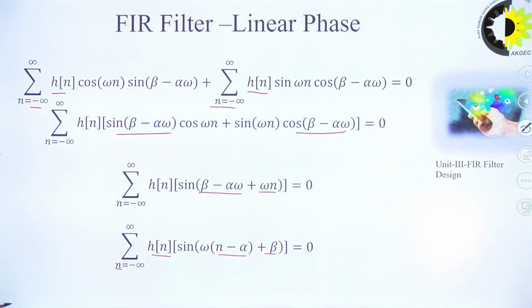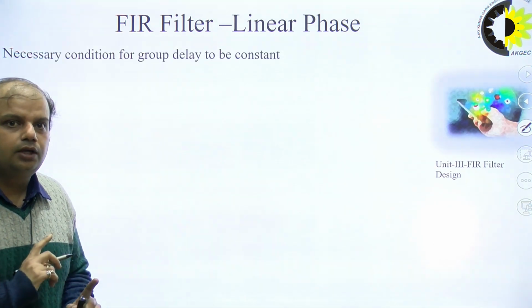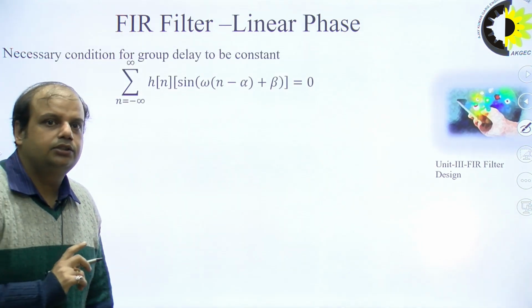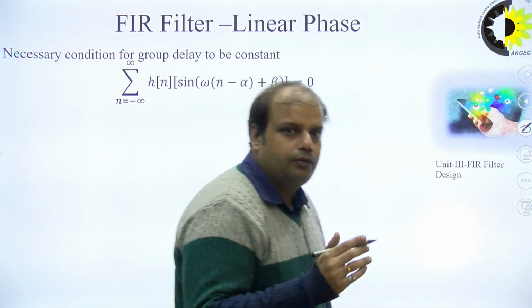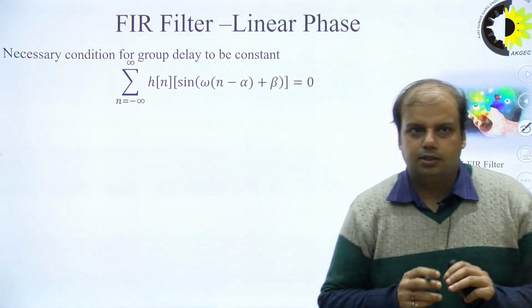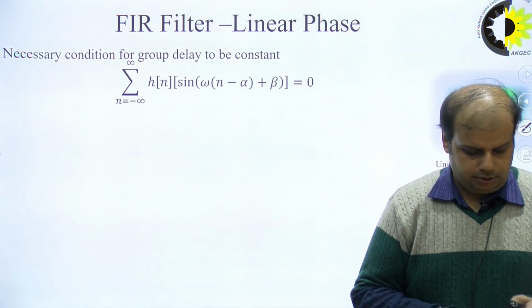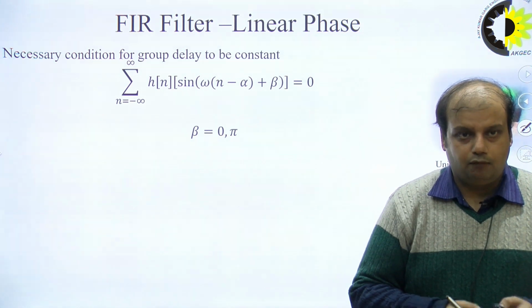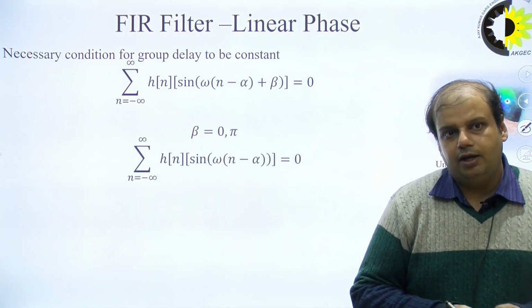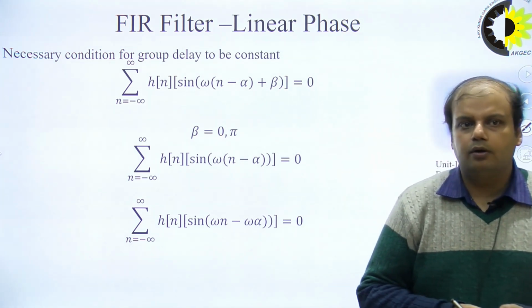If this is satisfied, then the filter is linear phase. So we want a solution to this. The necessary condition for the group delay to be constant, or the phase to be linear, is that this summation is 0. The solution to this is not easy to get, but one of the solutions is when the value of beta is 0 or pi.